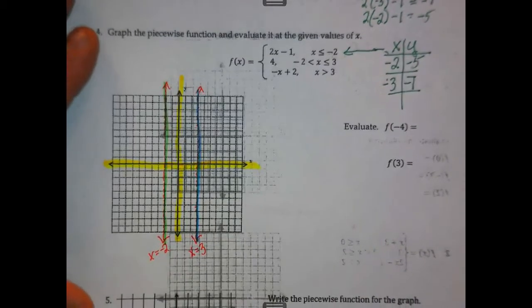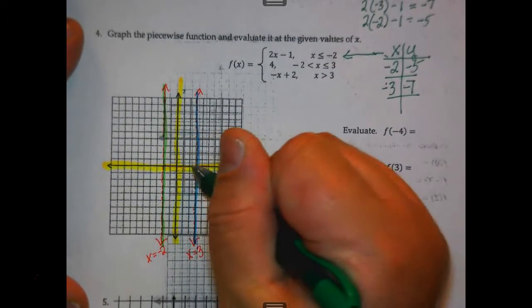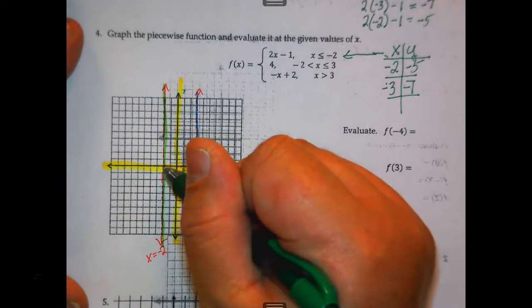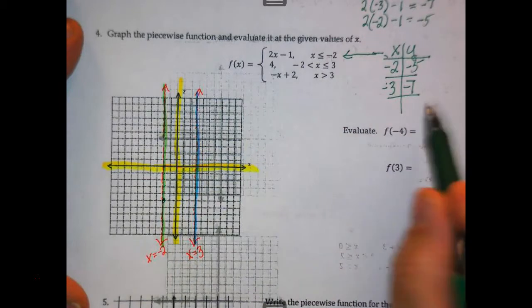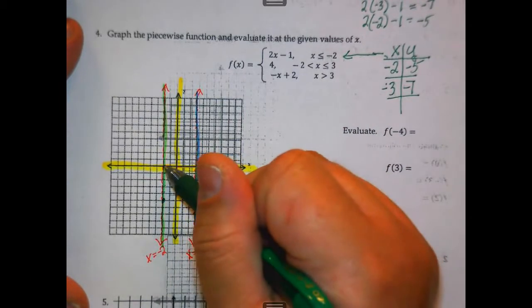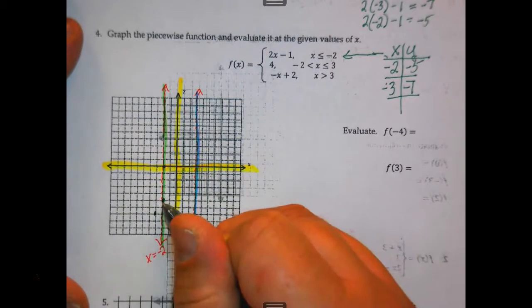Okay, let's graph that. -2, -5. And -3, -7. So there's -3, there's -7.